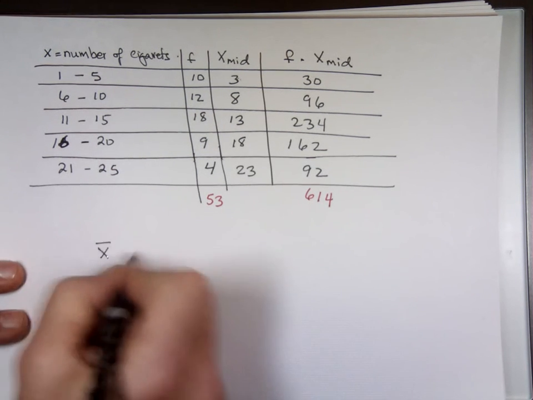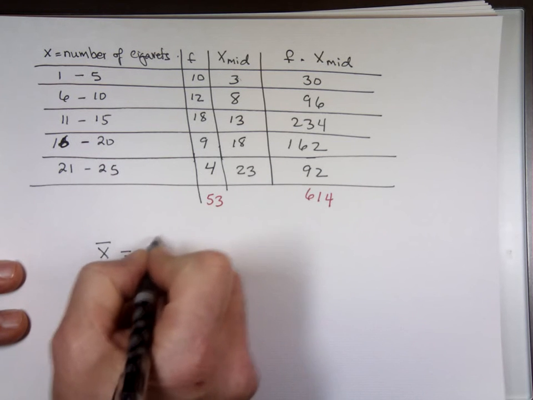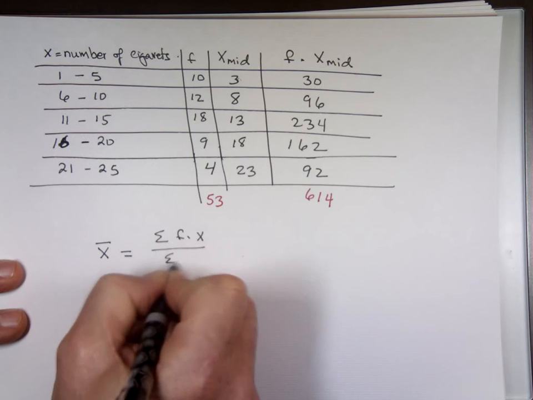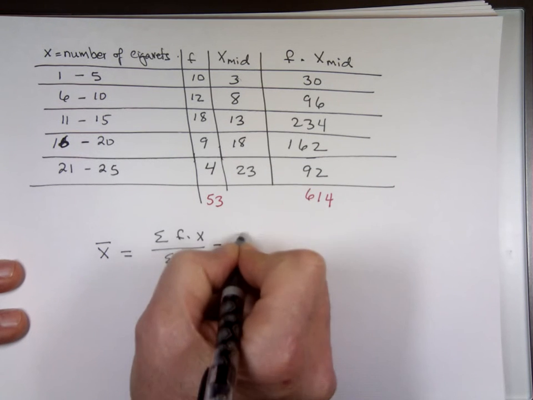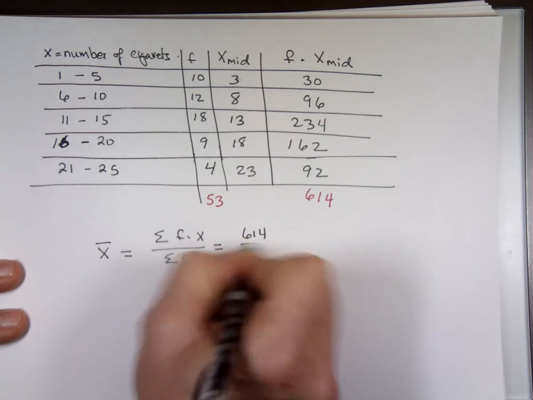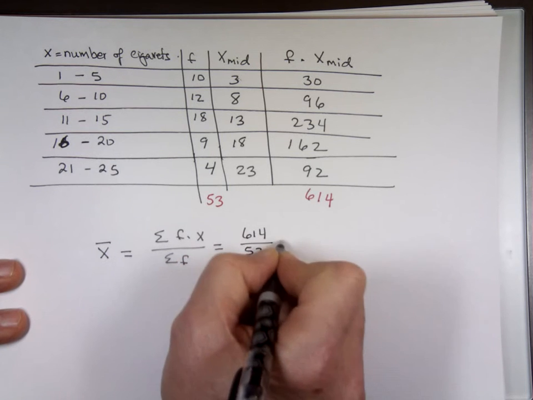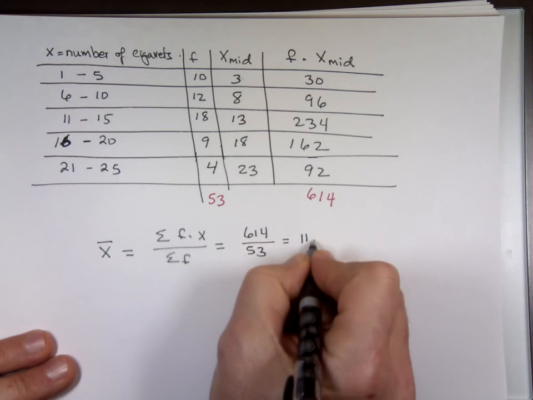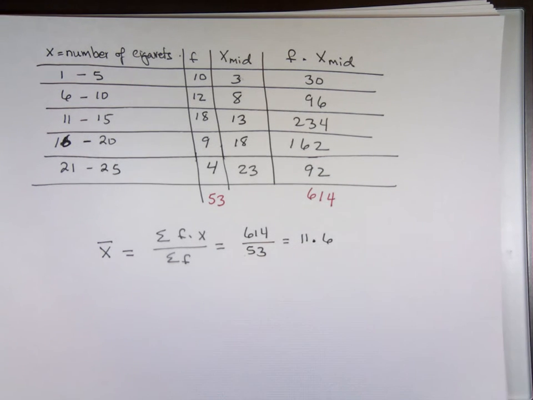It's the summation of f times x over the summation of f. F times x is 614 over 53. We find out the average smoker smokes 11.6 cigarettes per day.